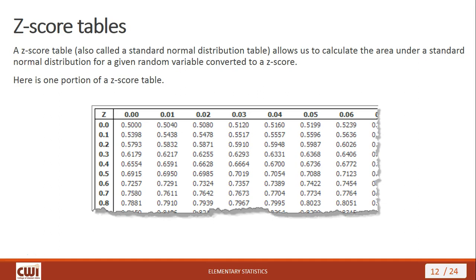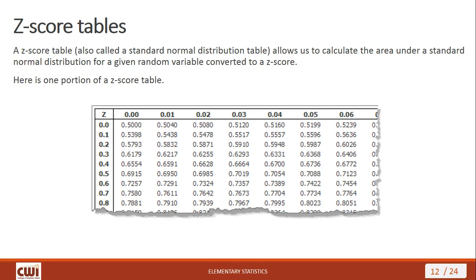Now, in the old days, and I say old days because I'm talking about the old school days where we were solving statistical problems before we had widespread use of software that was calculating everything for us, we didn't want to have to perform integral calculus underneath the density curve for a normal distribution every time we wanted to find a probability.